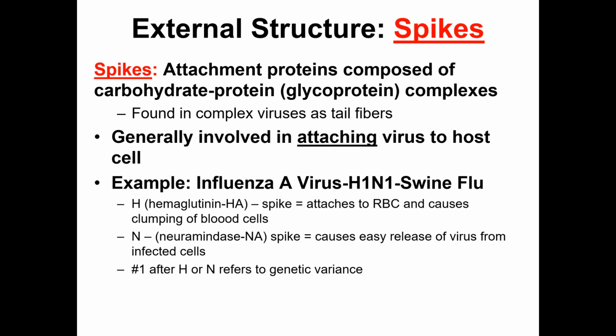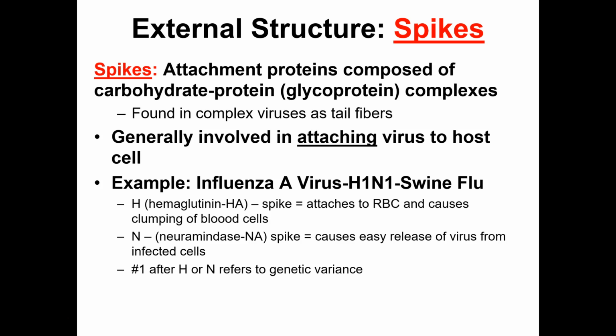Okay? Well, probably. The H spike is the hemagglutinin spike. The H spike is how the flu recognizes your cells, how it attaches to your cells. Now, the flu is unique, and this is something you see with enveloped viruses. They have a secondary spike, the N or neuraminidase spike.